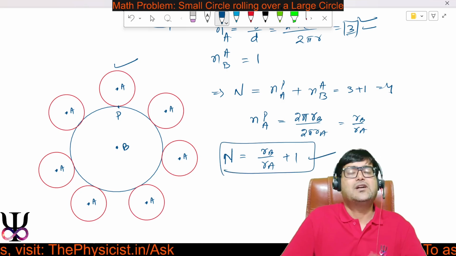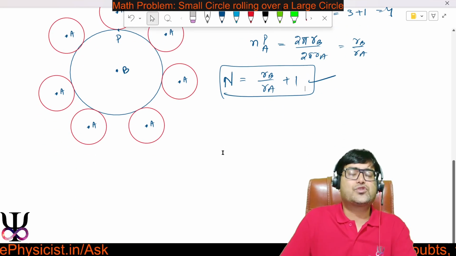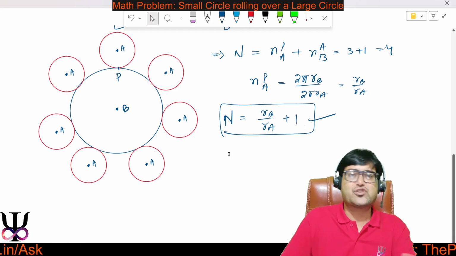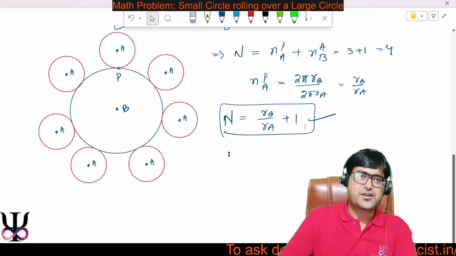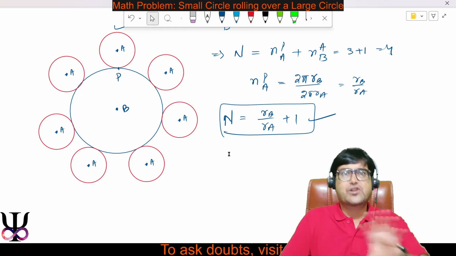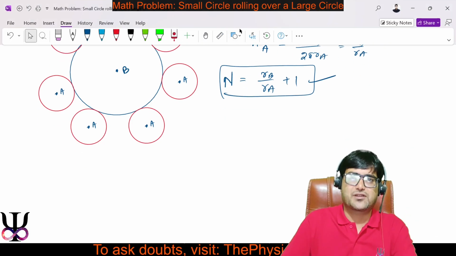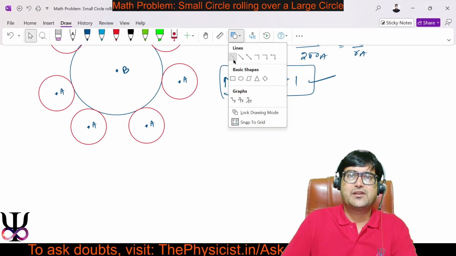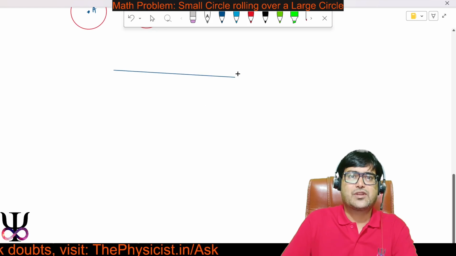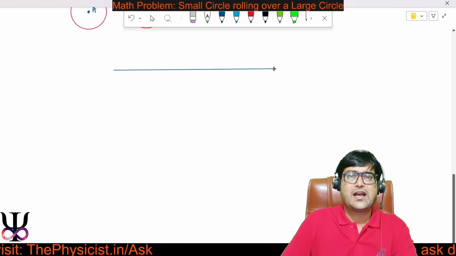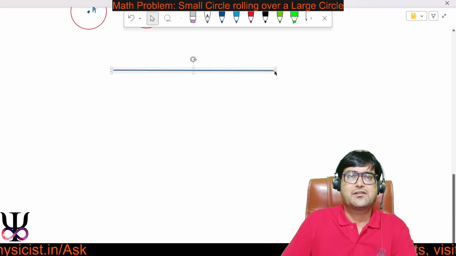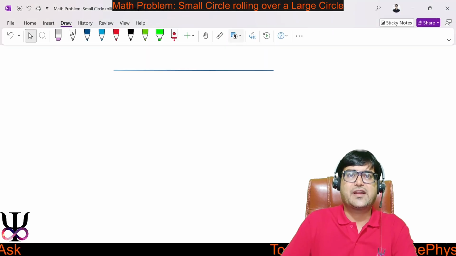That's the answer. Now, you would probably be thinking that it happens only because of the circle around which the outer circle moves. It doesn't have to be a circle. Let me just tell you that, let's suppose I have a straight line here, a straight line road.